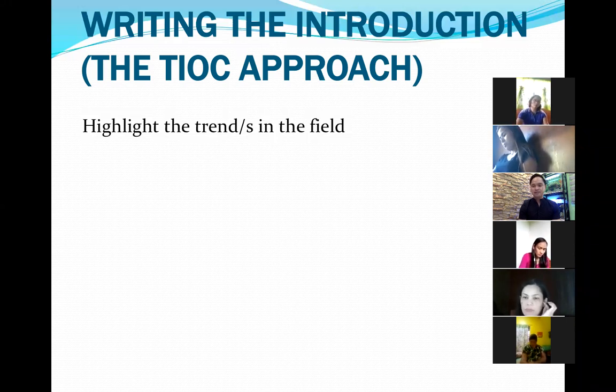If, for example, your variables are blended learning and academic achievement, those two variables must be present in the discussion of the trends. Because the trends that you're going to discuss must be about the topic that you selected and was approved by the panel members.